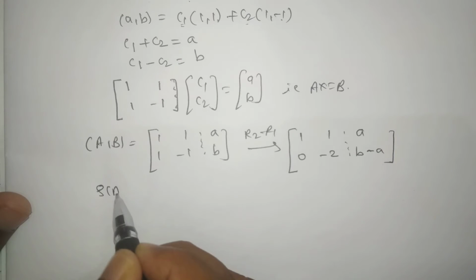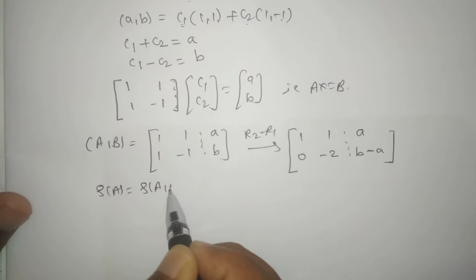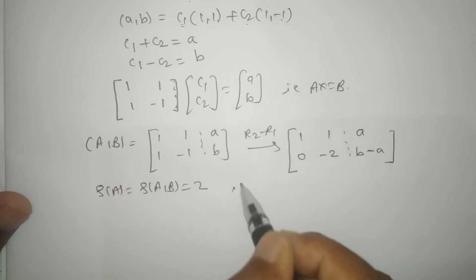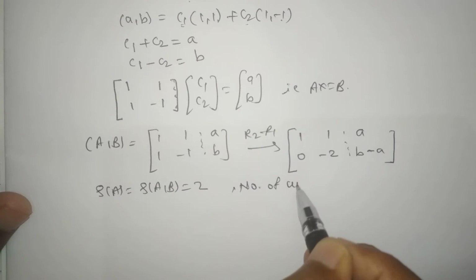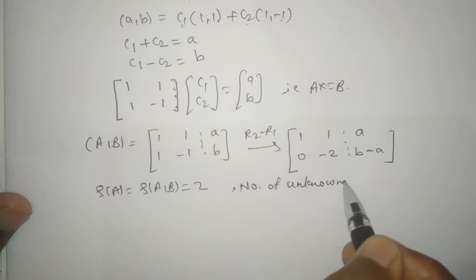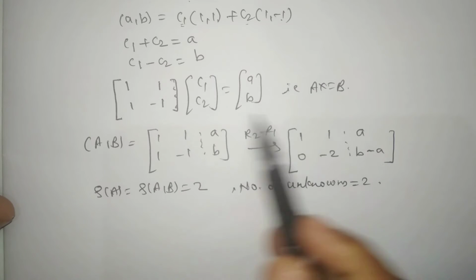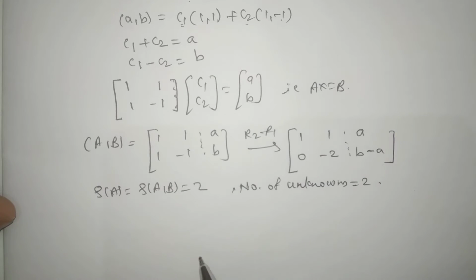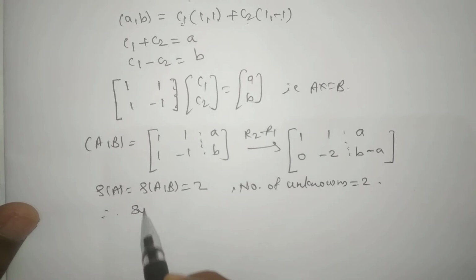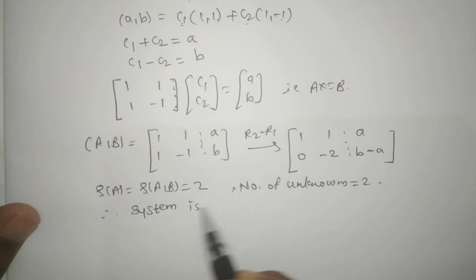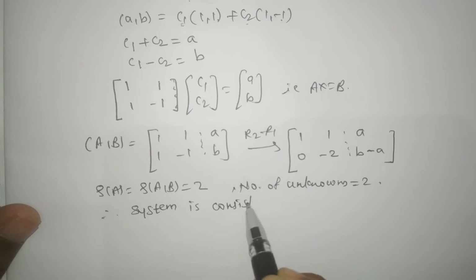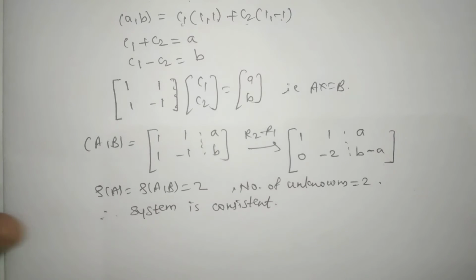So the rank of A equals the rank of (A,B), which is 2, and the number of unknowns is also 2. That means this system has a unique solution. Therefore the system is consistent.